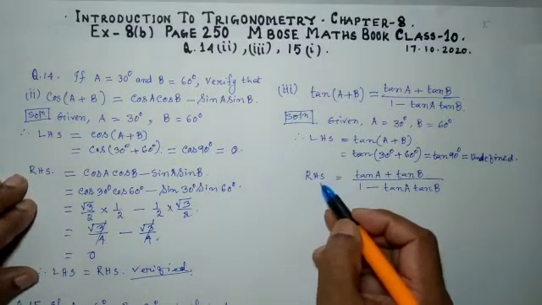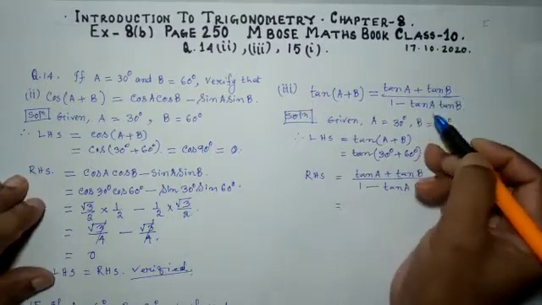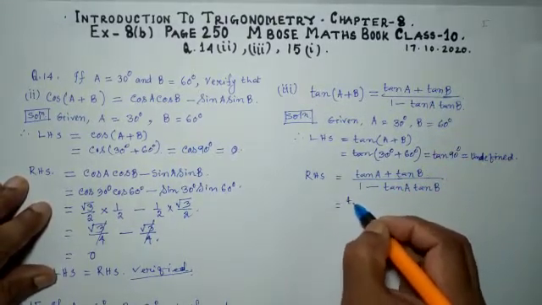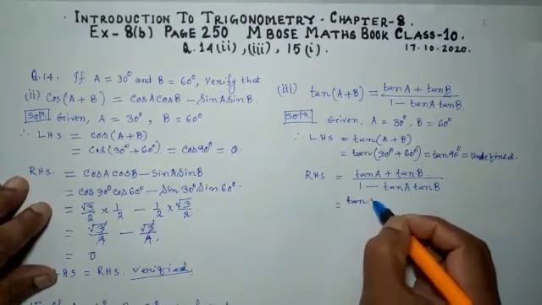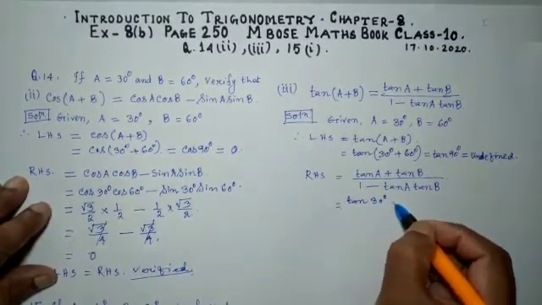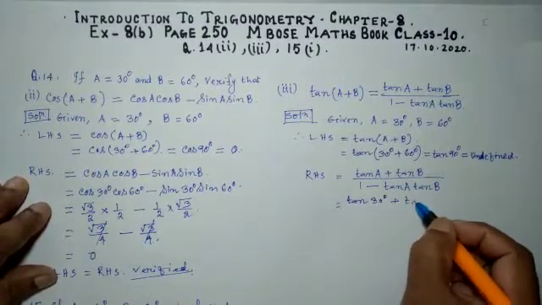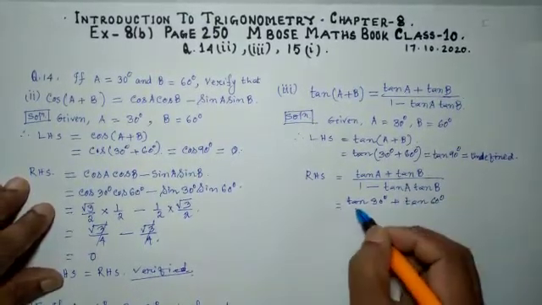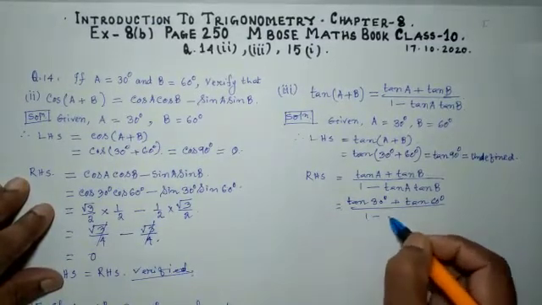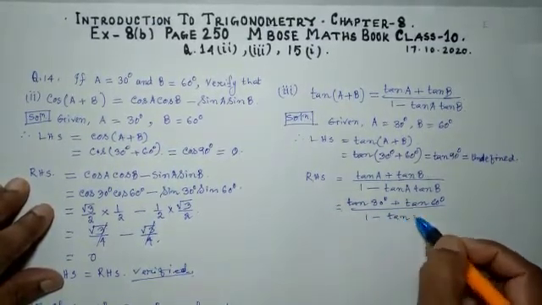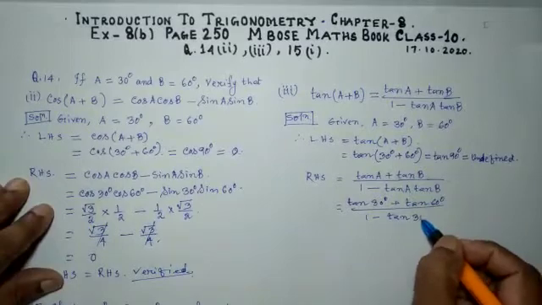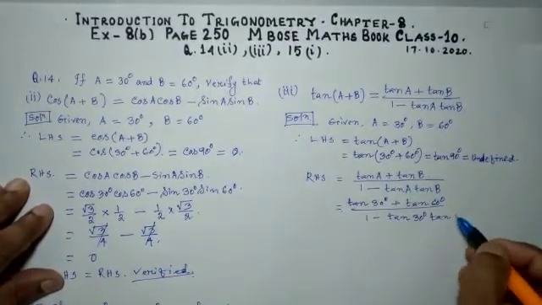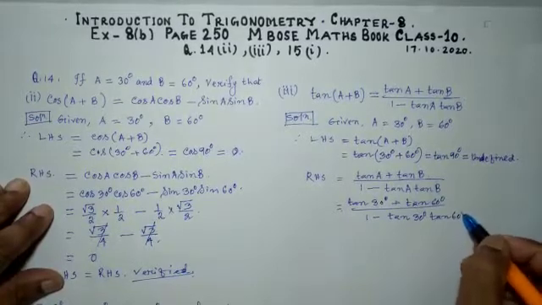Let us take this right hand side, tan A plus tan B by 1 minus tan A tan B. So the first work is to write the value of tan A. It is tan 30 degree plus tan B. What is the value of B? It is 60 degree. And then 1 minus tan, the value of A right here 30 degree, then into tan, what is the value of B right here? 60 degree.